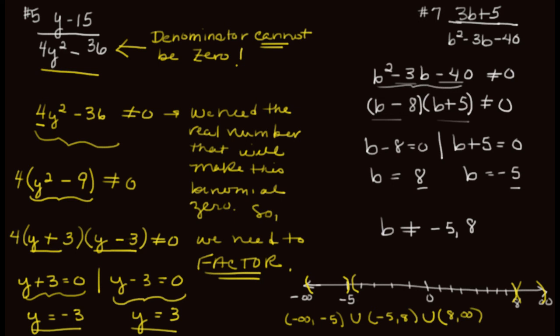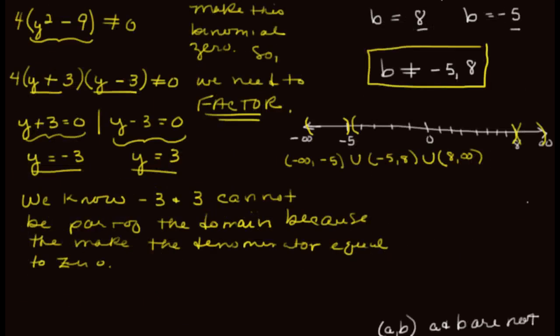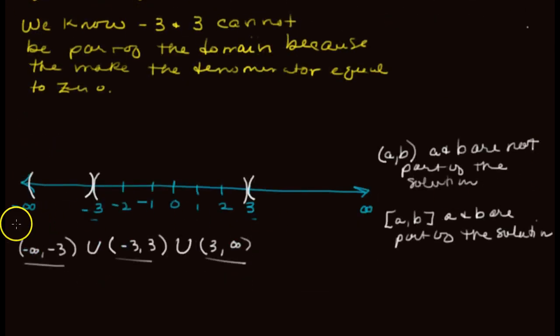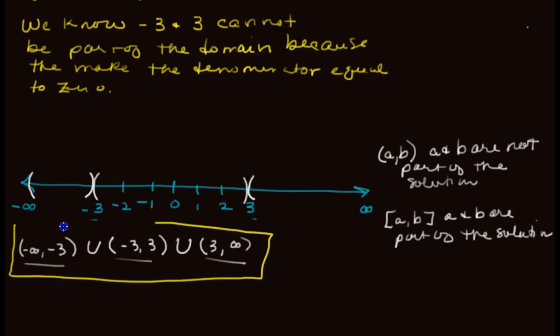Okay? So that's what our domain's going to be. But the question actually asks what two real numbers cannot be part of the domain. And this would be the answer for that one. And for the very first one that we looked at, this would be the answer for that.